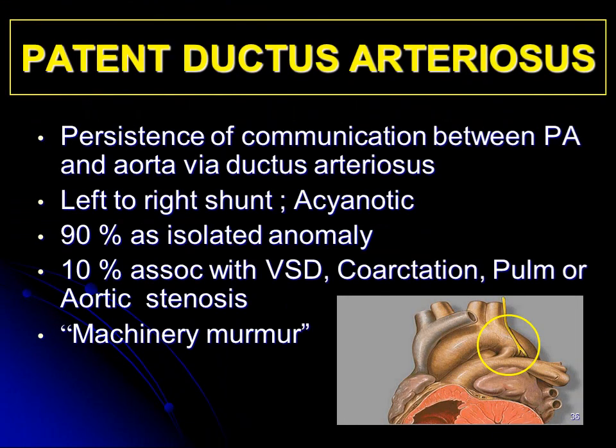The other type of left-to-right shunting anomaly is the patent ductus arteriosus. In normal embryonic development, the ductus arteriosus arises from the pulmonary artery and joins the aorta just distal to the origin of the left subclavian artery. During intrauterine life, it permits blood flow from the pulmonary artery to the aorta, thereby bypassing the unoxygenated lungs.